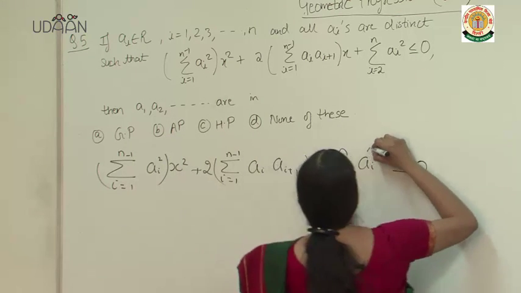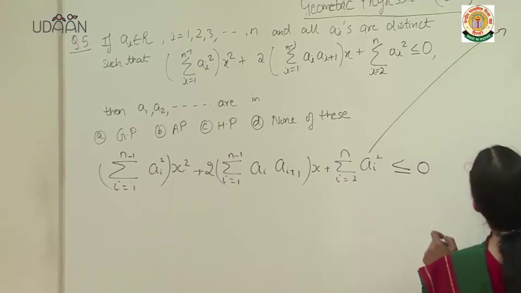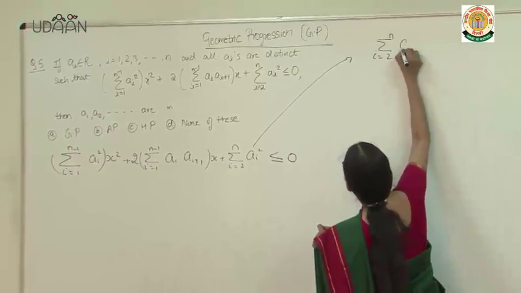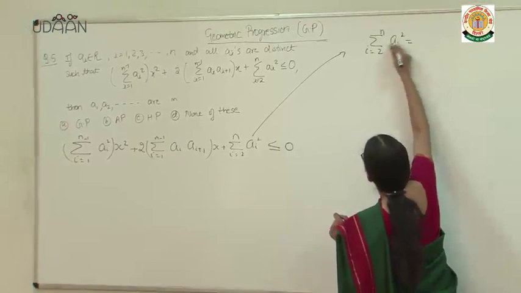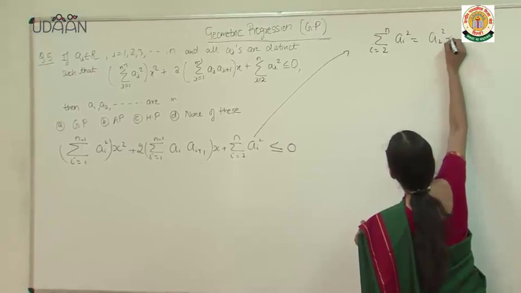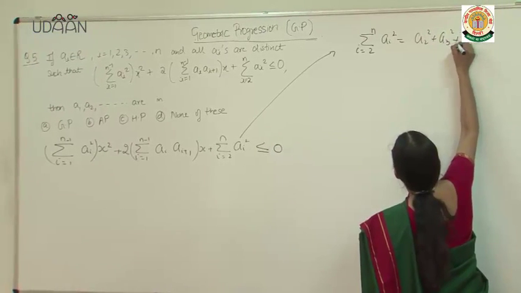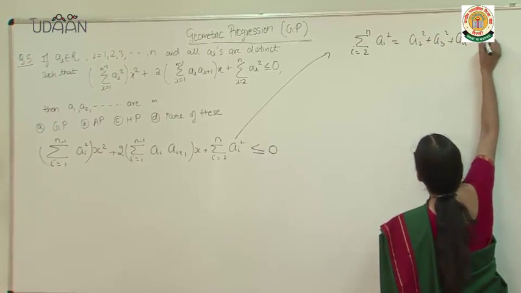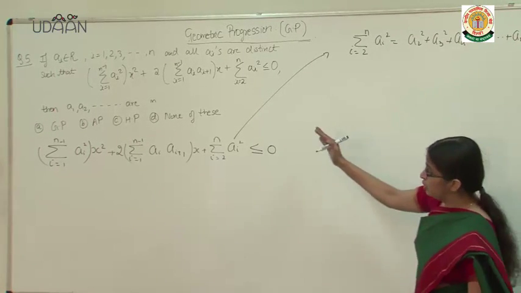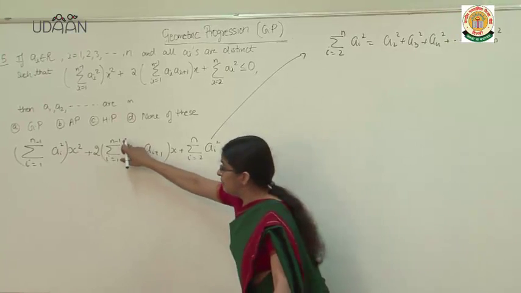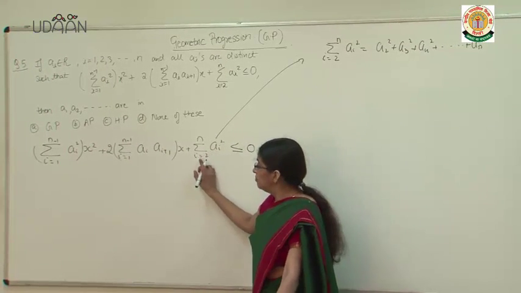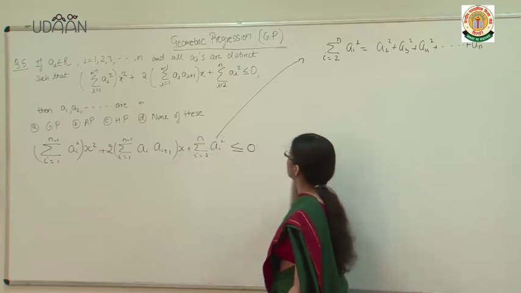Let us simplify this term. Sigma i equal to 2 to n of ai square. Let us open it: a2 square plus a3 square plus a4 square plus etc. plus an square. The other two sigmas were i equal to 1 to n minus 1, so I would like to write this sigma also from 1 to n minus 1.